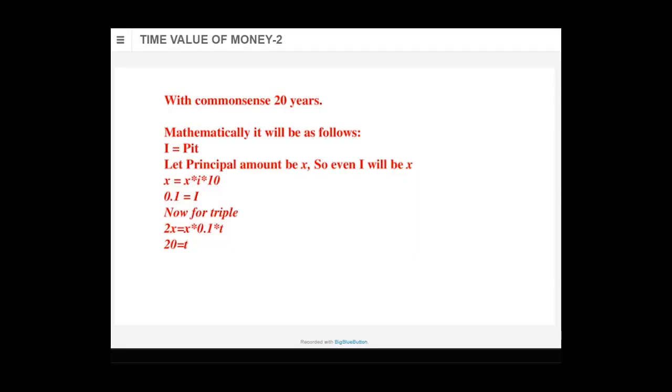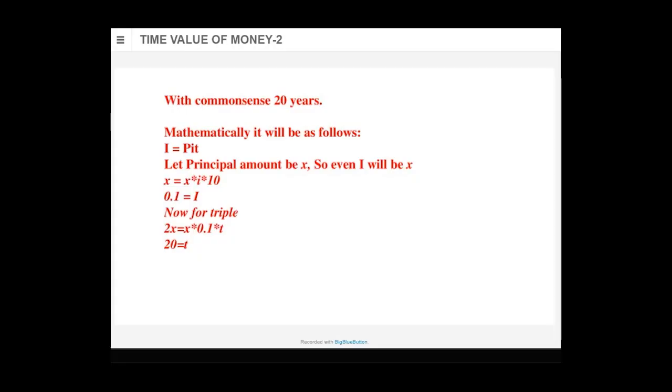If you want, mathematically it will be as follows. I is equal to PRT. Let principal amount be X. If principal amount is X, it becomes double, so interest also will be X. So to become double, my interest should be equal to principal. Now the formula, X is equal to X into R into 10 years.